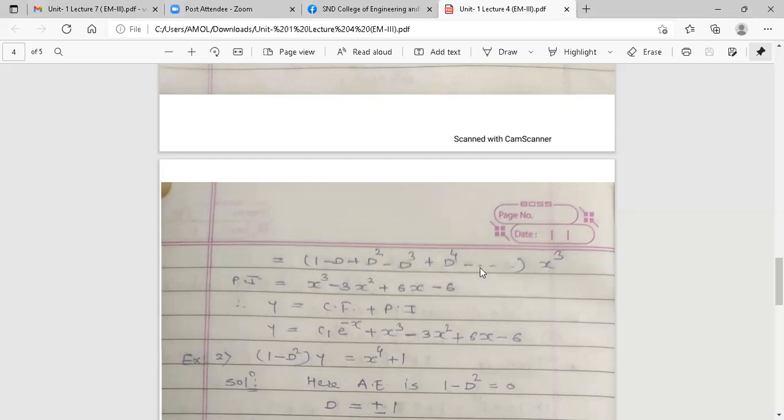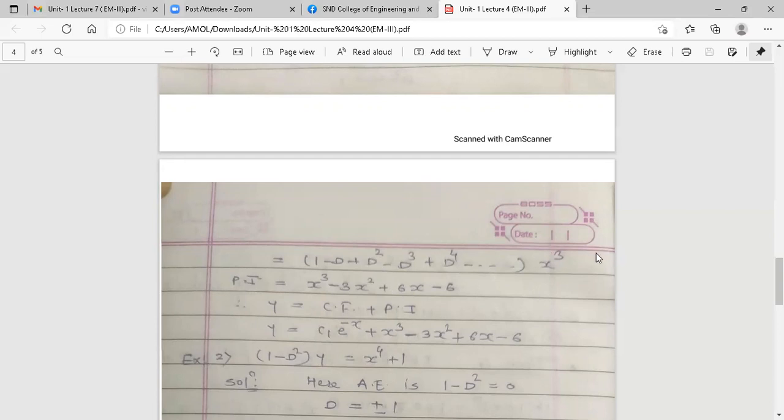And now you solve this bracket term for this x cube. This is x cube into 1, x cube minus D. D means derivative; capital D always means d by dx. D of x cube means the first derivative, which is 3x square. D square means the second derivative, so the first derivative of x cube is 3x square and the next derivative is 6x.